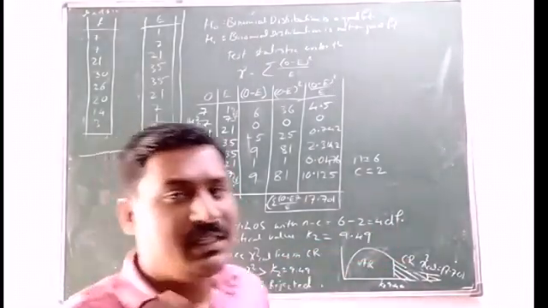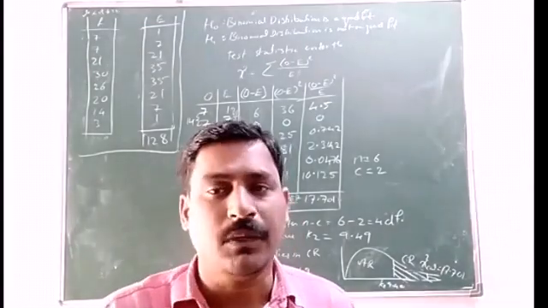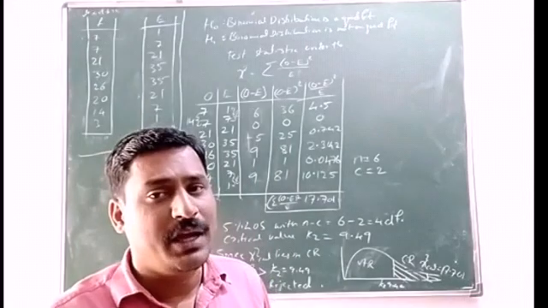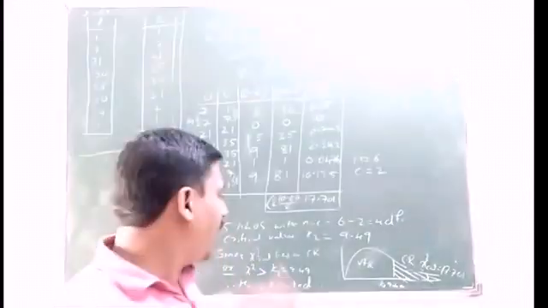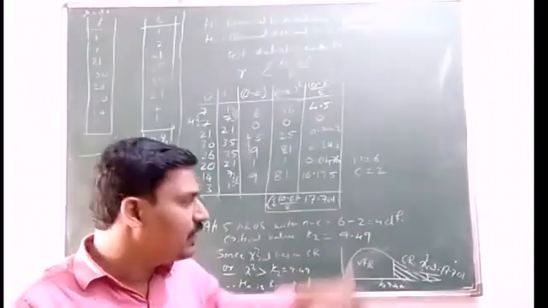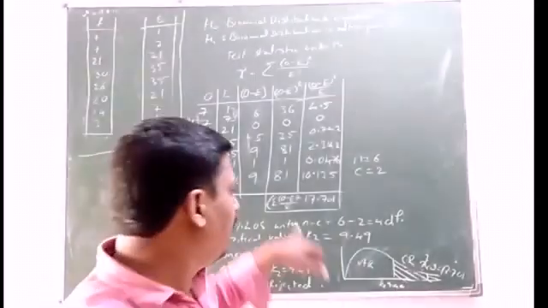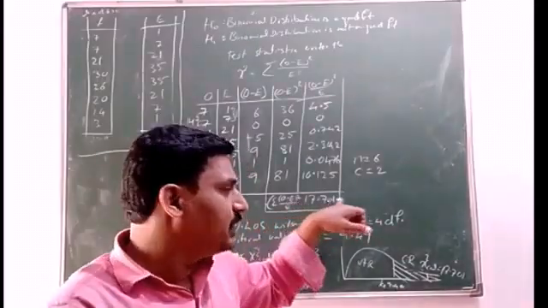Always, the goodness of fit test is an upper tail test. So here the chi-square value we get at 5% level of significance with 4 degrees of freedom is 9.49, and our answer is 17.701.